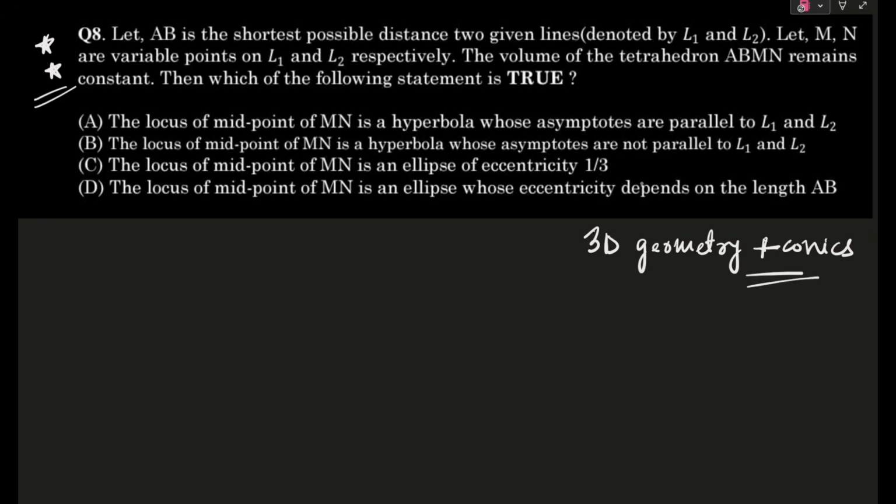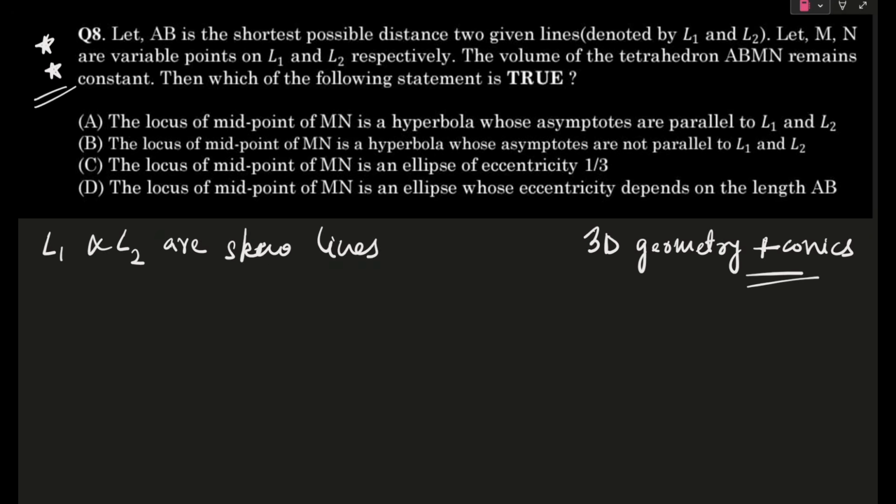So okay, I guess now we can start off. First thing, I will read the question. We have to let AB be the shortest possible distance between two given lines denoted by L1 and L2. If it is the shortest possible distance between L1 and L2, it means L1 and L2 are skew lines.